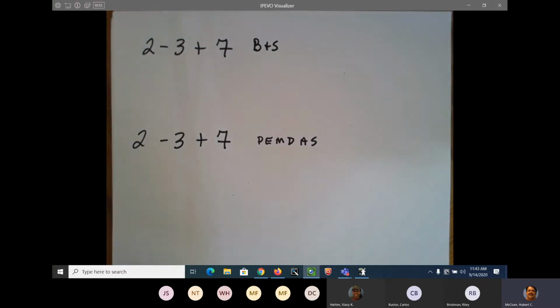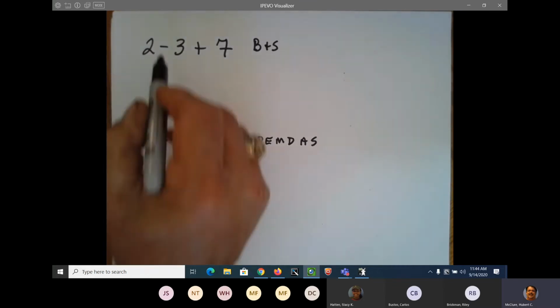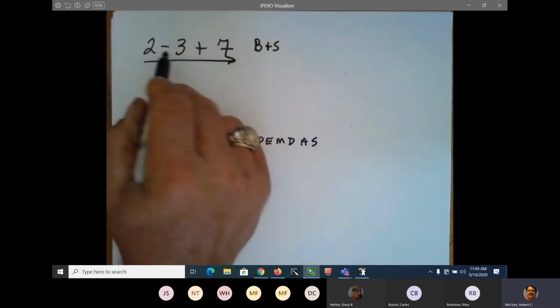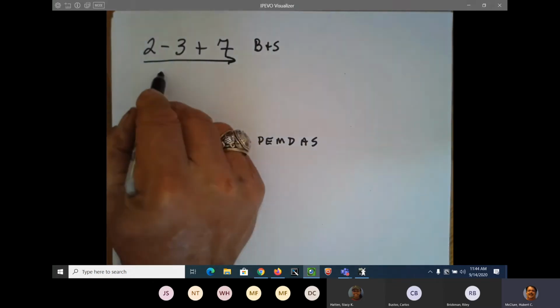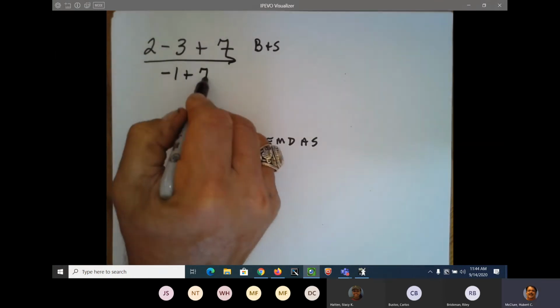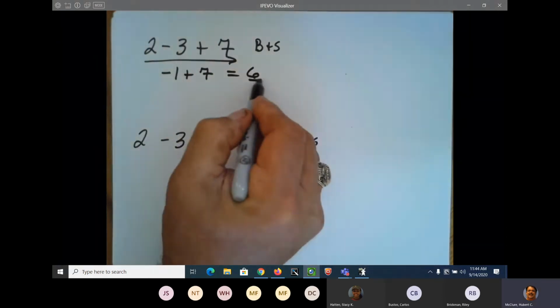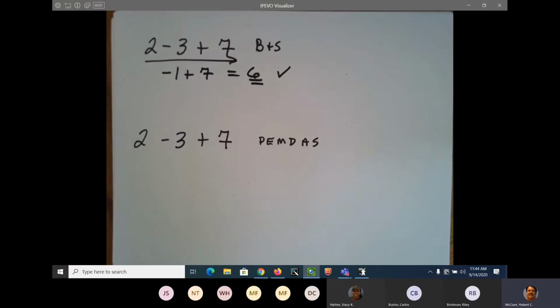So brother and sister, you go left to right. Please excuse my dear Aunt Sally, you got to do addition first. So left to right, 2 minus 3 is -1, plus 7 is 6, which is the correct answer.